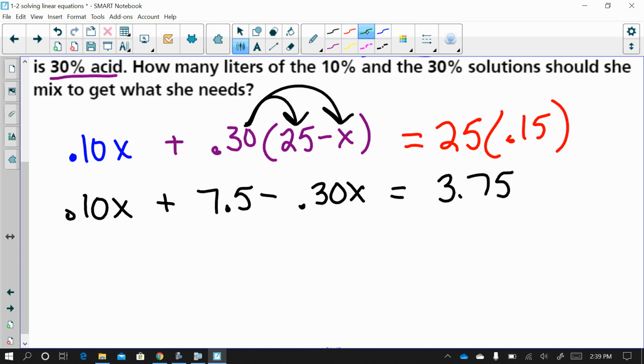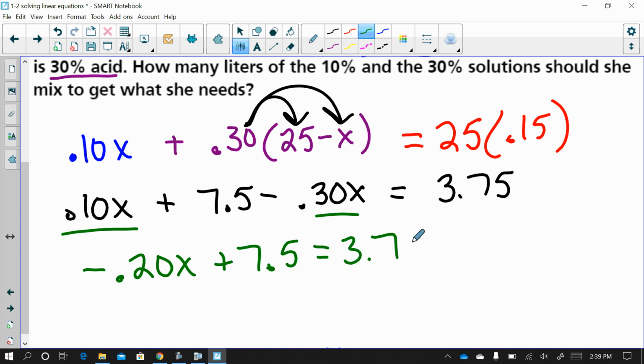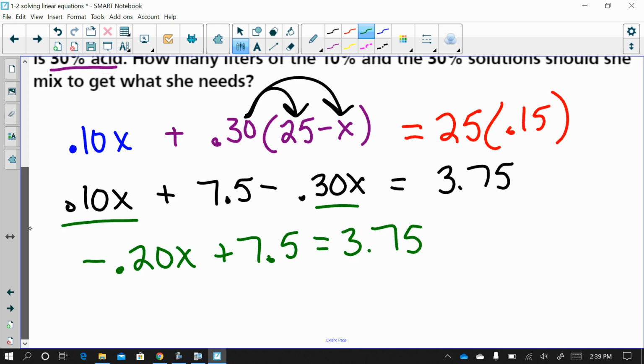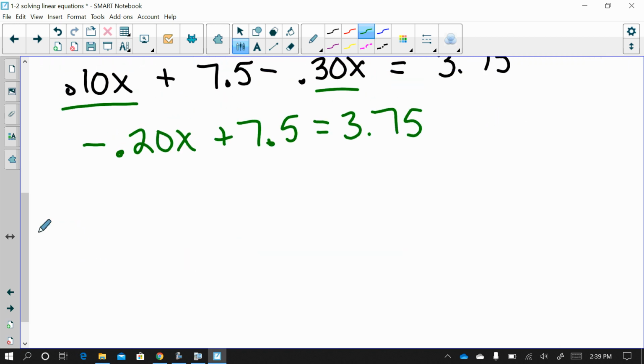Okay, so now we're going to combine our like terms. I see some like terms here. 0.10 minus 0.3 gives me a negative 0.2. Okay, so now finish solving. It's just a two-step equation. We're going to subtract 7.5.